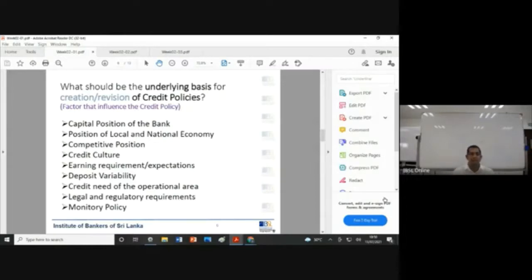So based on the credit culture also, credit policy changes. Earning requirement and expectation: if my shareholders want a good ROE, we will have to take a little bit of risk. If my shareholders are not worried about ROE, about profit, but about quality, then we can go with a tighter credit policy. Deposit variability.